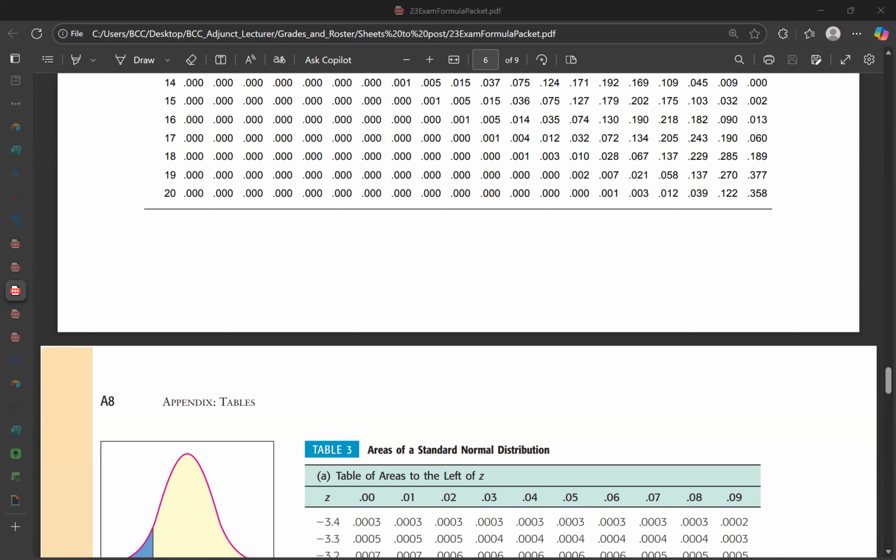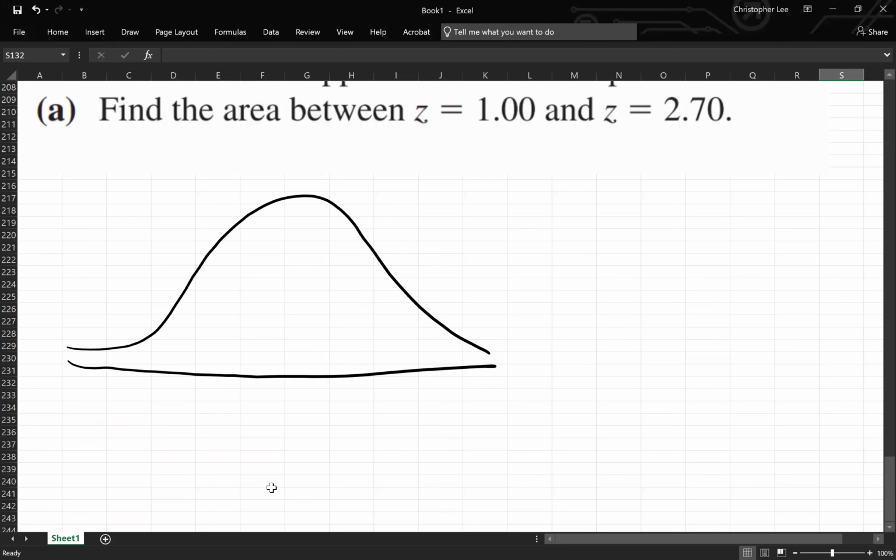All right, so let's look at this question right here. This is an example. So forget the instructions. Find the area between z equals 1 and z equals 2.70. Let me draw this out real quick. This is my attempt at drawing this.